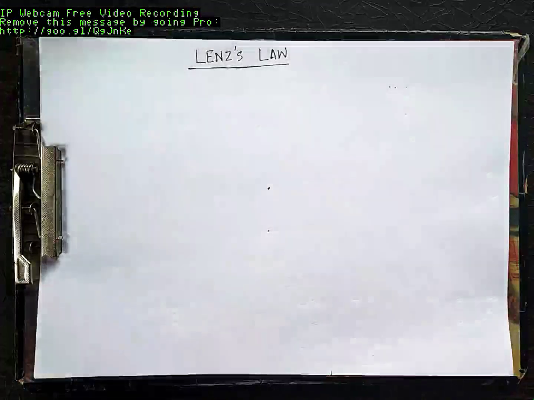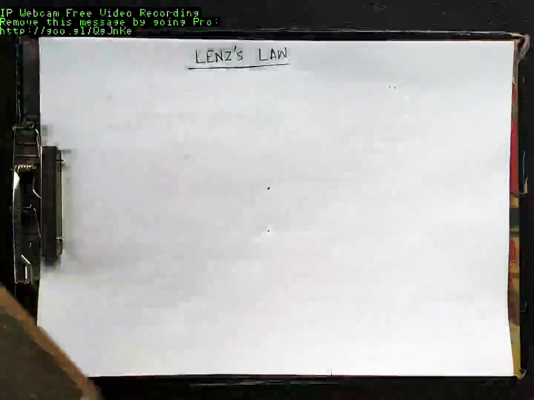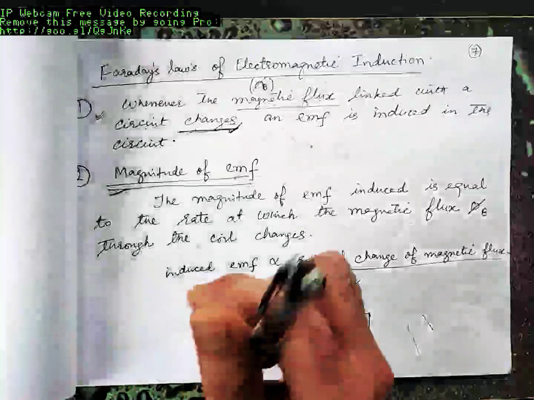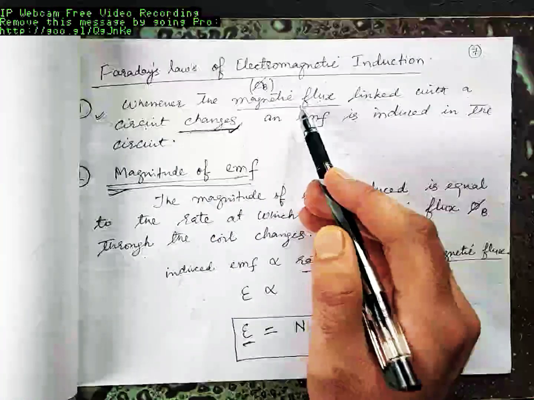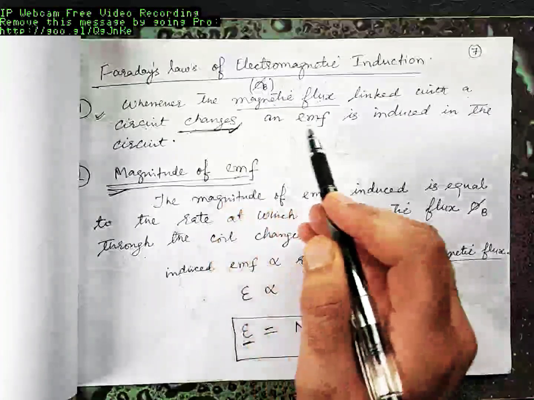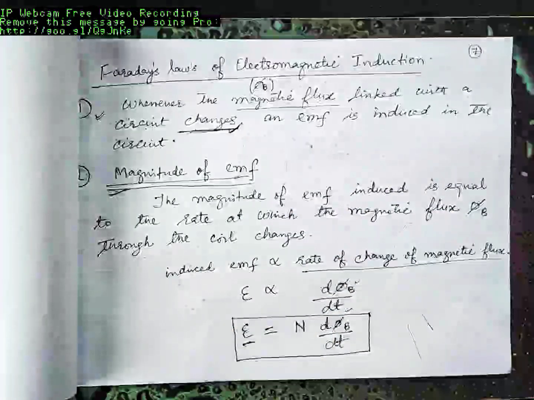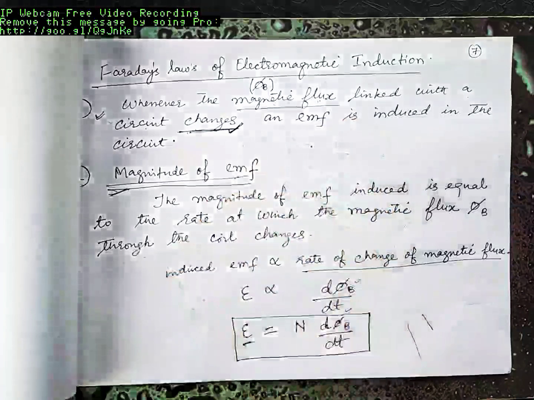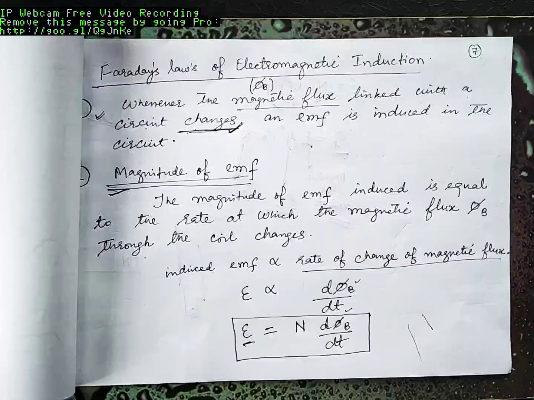According to Faraday's first law, whenever the magnetic flux linked with a circuit changes, an EMF is induced in the circuit. The first law explains when an EMF is induced in a circuit or in a coil.